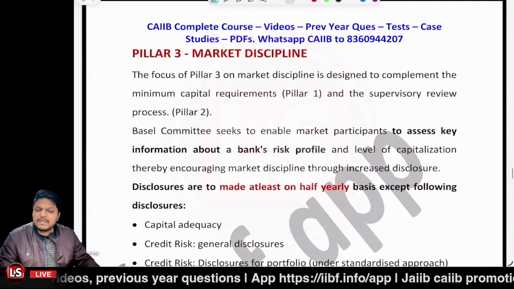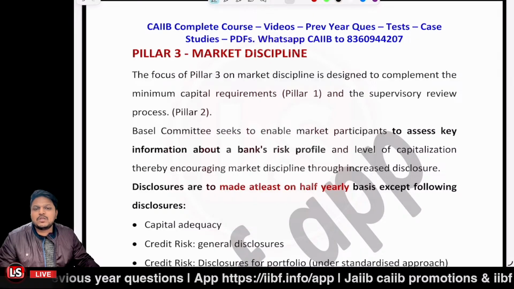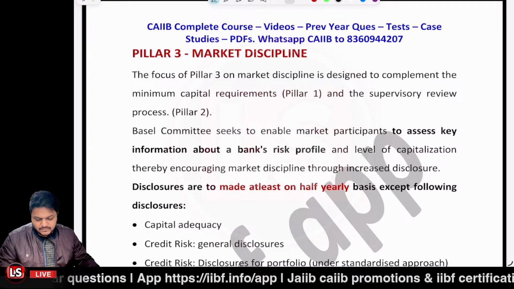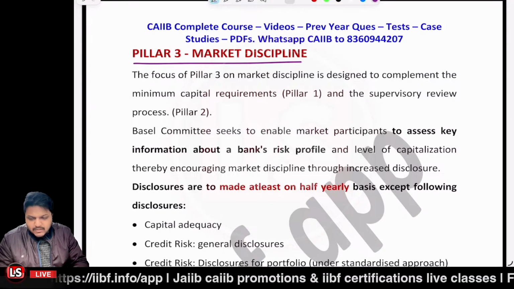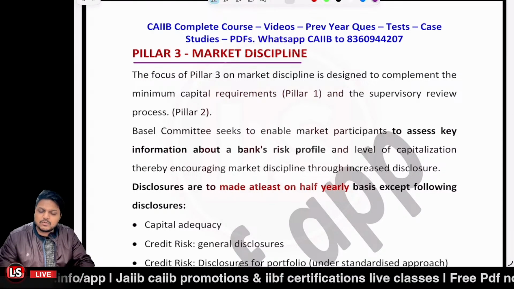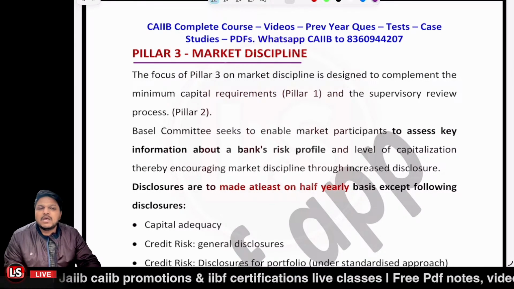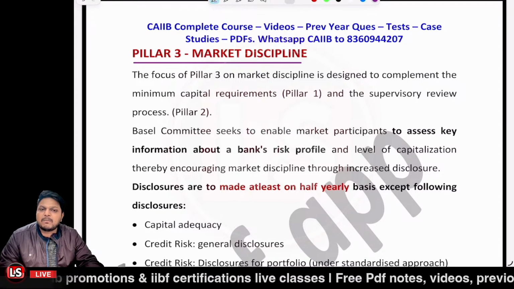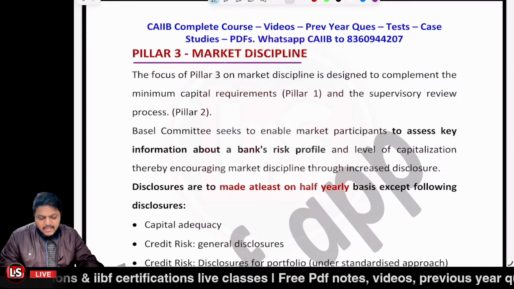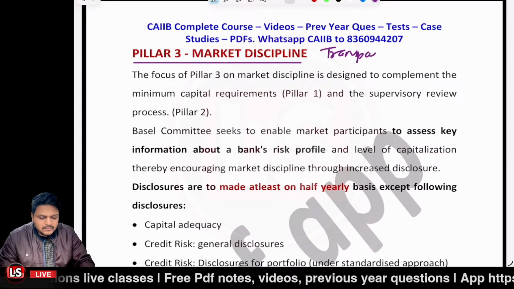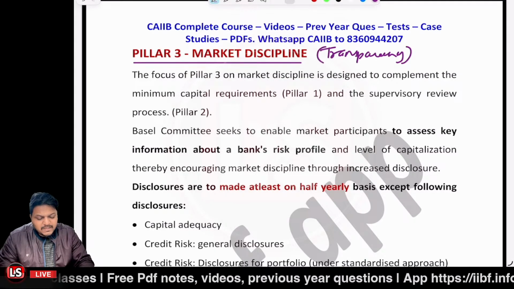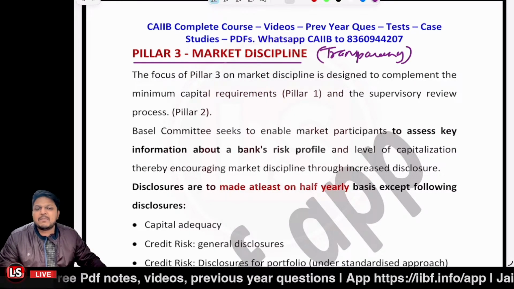Further, pillar number 3 is related to market discipline. As I suggested, this pillar supports both pillar 1 and pillar 2. It complements both of these pillars, and it's all about the transparency in the system which is to be maintained by the banks.